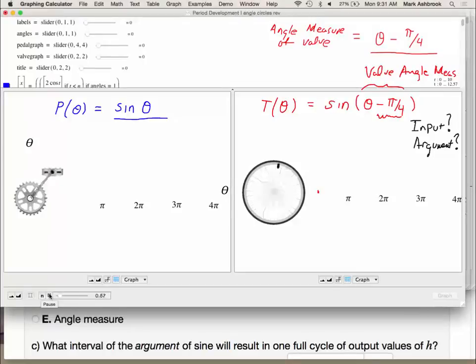It's ahead by how much? Right, so now it's ahead by, I would have to tell you that. You wouldn't know that for sure unless I told you. But I am indeed telling you that now the tire valve is ahead of the pedal by pi over 6.